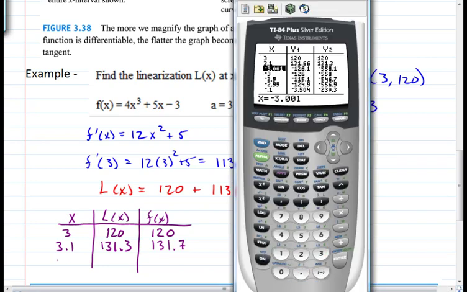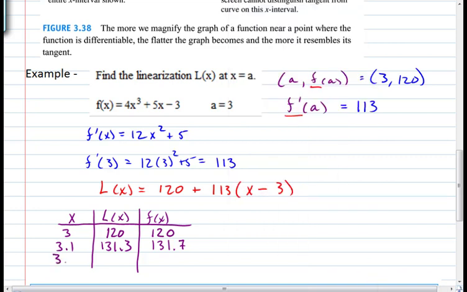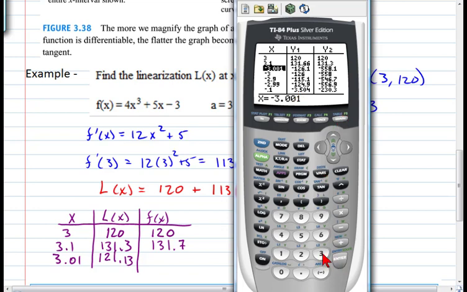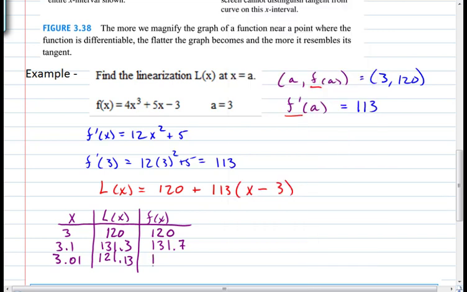Let's say you want to get even more precise. How about 3.01? Well, if x is 3.01, then that's 0.01 times 113, that's 1.13. That's going to be 121.13. And we get 121.13 for the function as well.